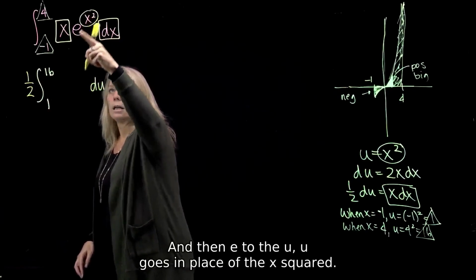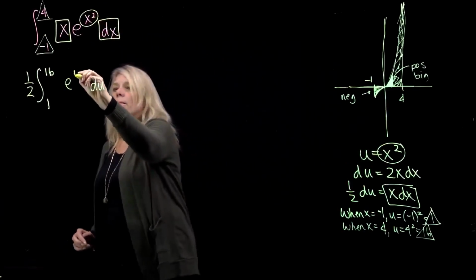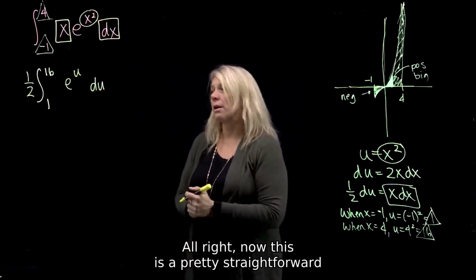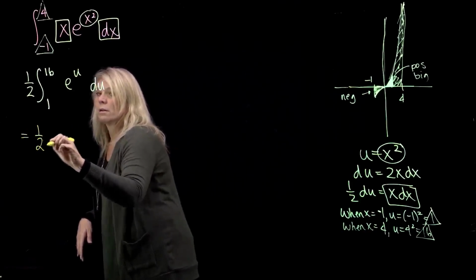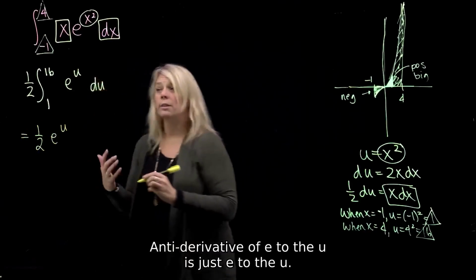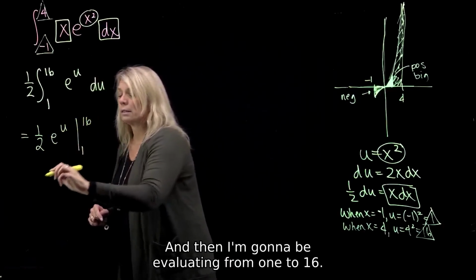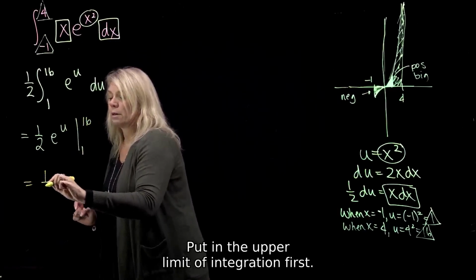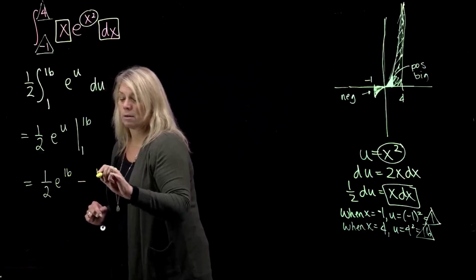And then e to the u goes in place of the x squared. All right, now this is a pretty straightforward antiderivative. The antiderivative of e to the u is just e to the u. And then I'm going to be evaluating from 1 to 16. Put in the upper limit of integration first.